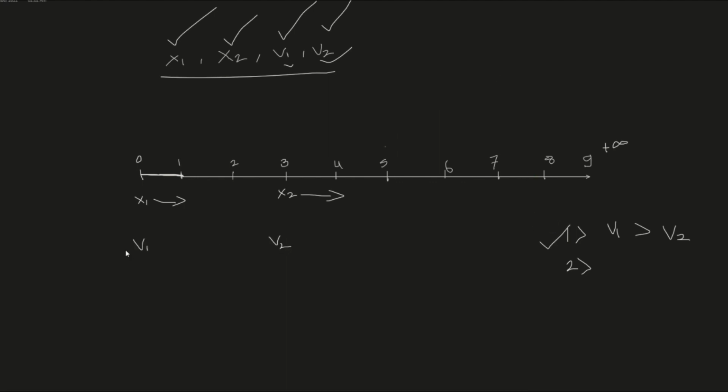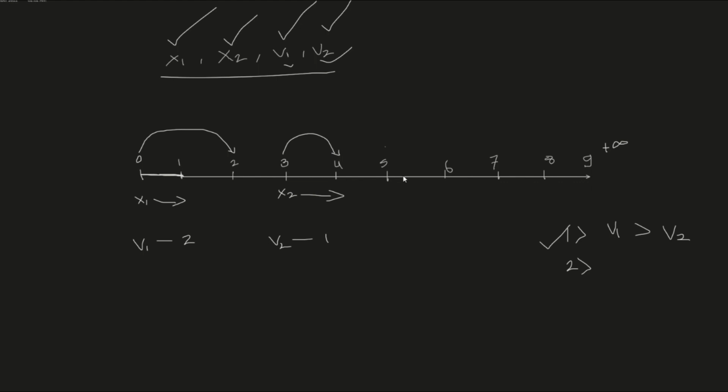Let's say the velocity of the first is 2 and the velocity of the second is 1. Now what will happen at the first jump? The first will jump from 0 to 2 and the second will jump from 3 to 4, correct?